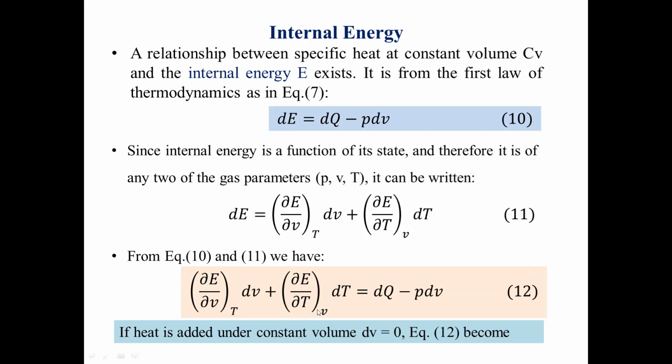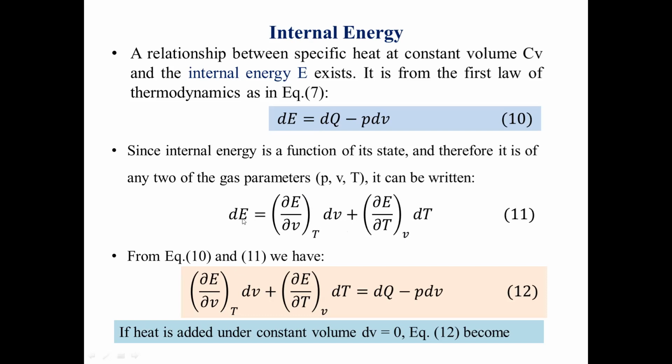So the internal energy dE equals the derivative of E with respect to V at constant temperature times dV, plus the derivative of E with respect to T at constant volume times dT. So we can integrate this, and finally we can get the E value.